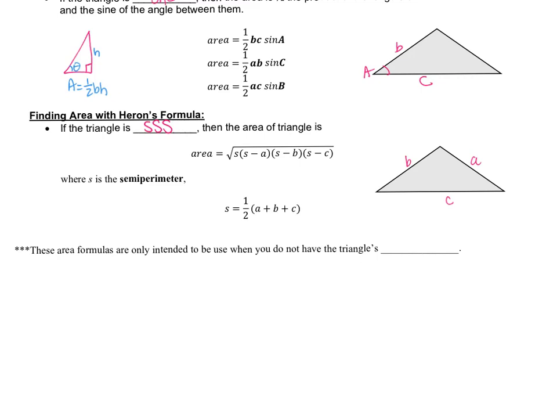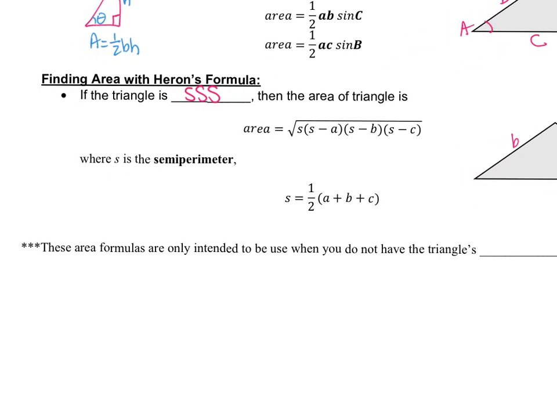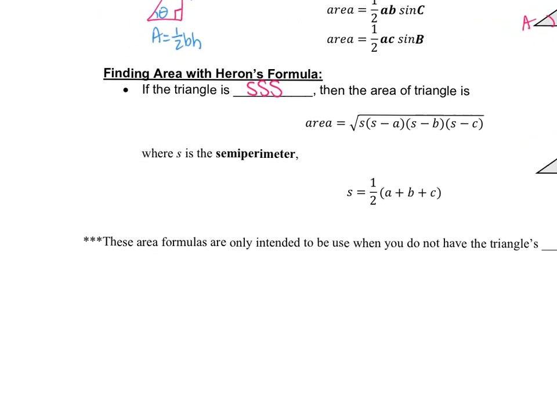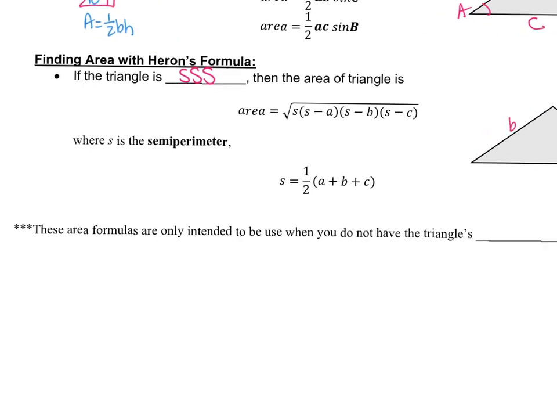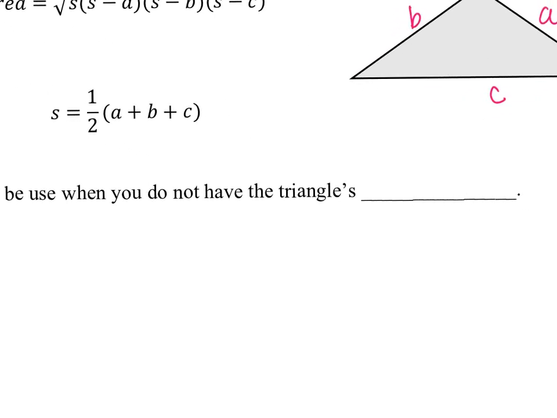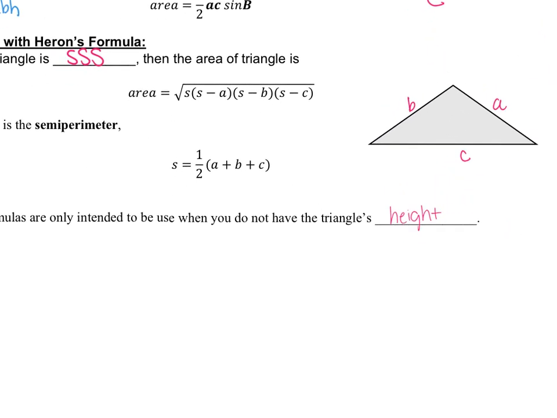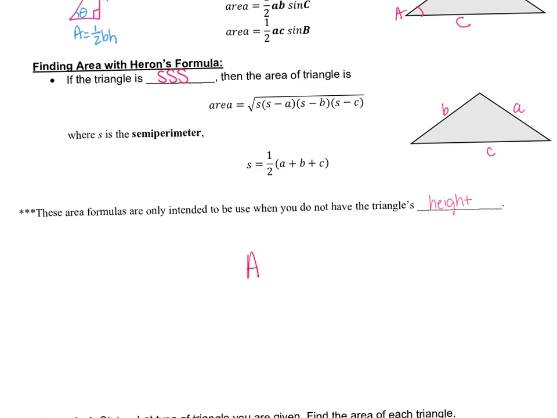One last thing before we get into the practice problems. Down below it says these area formulas are only intended to be used when you do not have the triangle's height. Let me reiterate why. Most of you have learned the formula, and like we mentioned before, the area of a triangle is 1/2 base times height. You should always use this formula when you can.